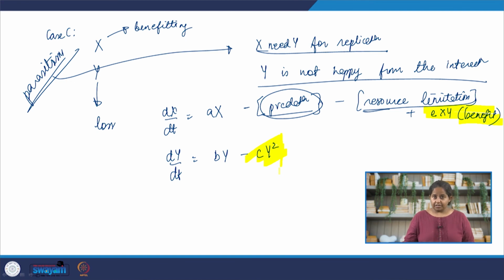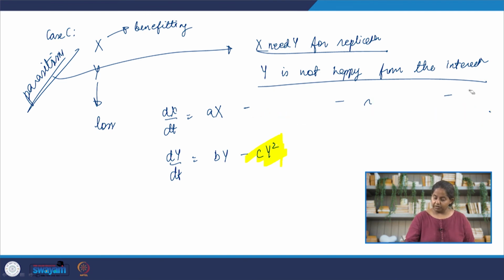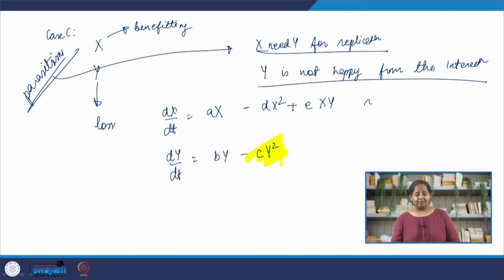Now, if the assumption is X and Y are the only dominant species here, then we have to remove the predation term here and just keep the resource limitation term. So then our model becomes much simpler and it looks like this. There we are. This is an example where one species is benefiting, the other is not being bothered at all, neither benefiting nor being affected negatively.